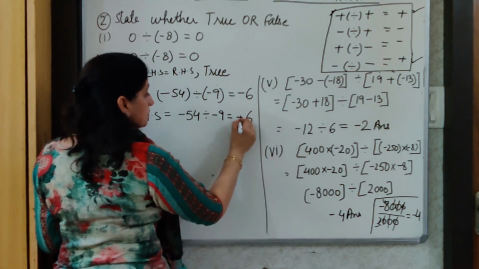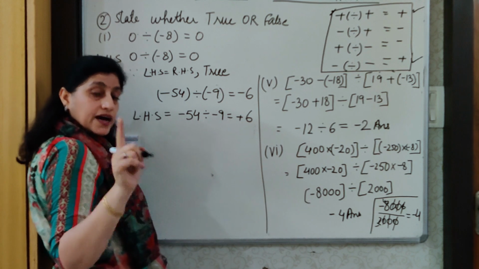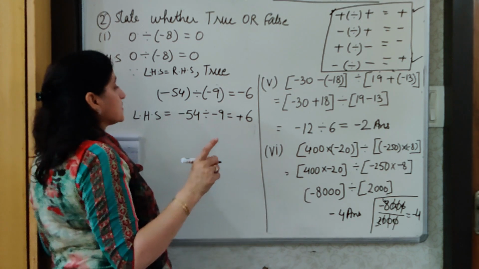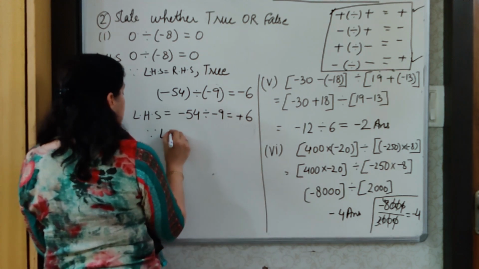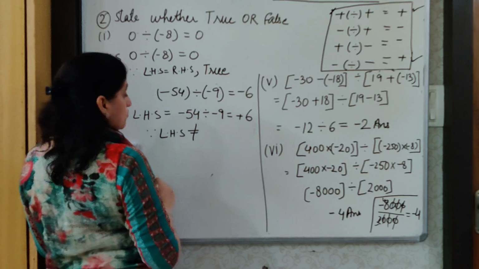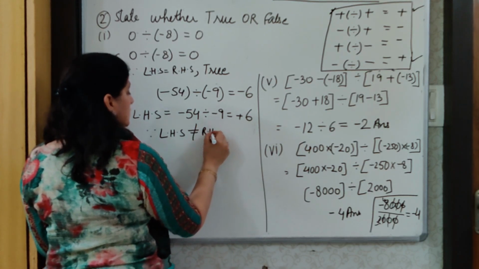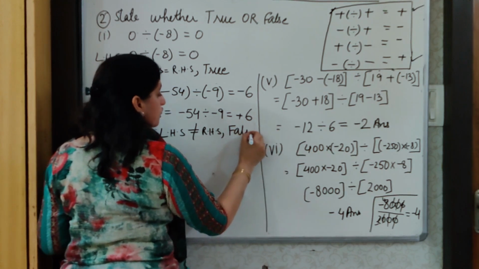So this becomes plus 6. My LHS has plus 6 and RHS has minus 6, so the two are not the same. Therefore, we will write: because LHS is not equal to RHS, this is false.